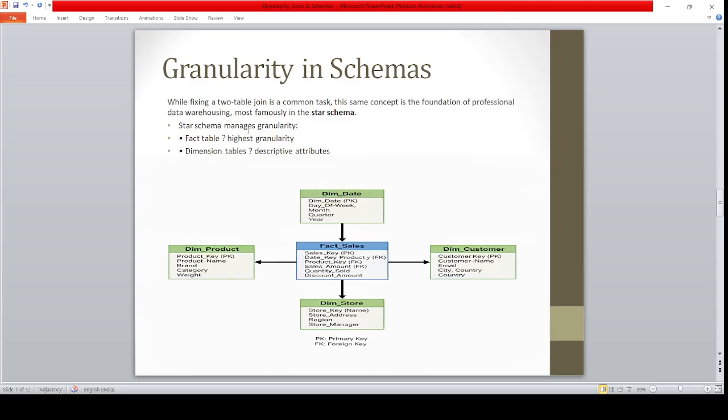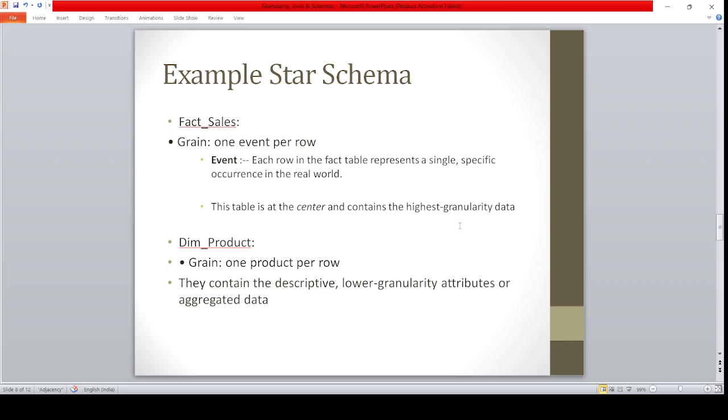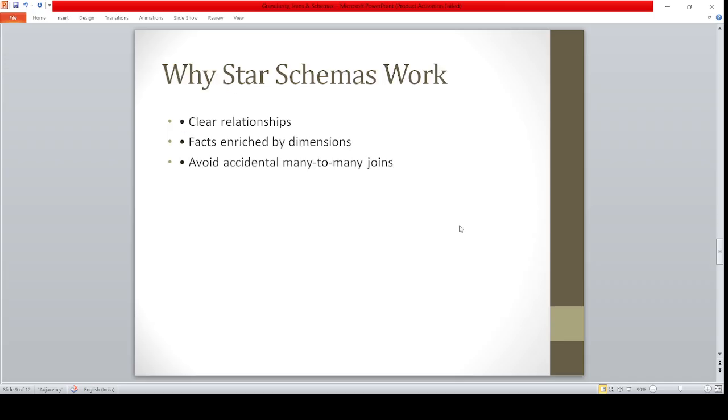Here are a few things for fixing common tasks. You can go through these. I mentioned this because it is a prime example of where granularity comes into the picture a lot.